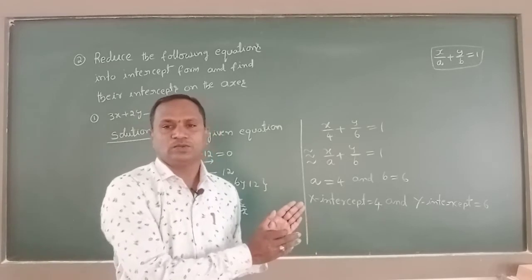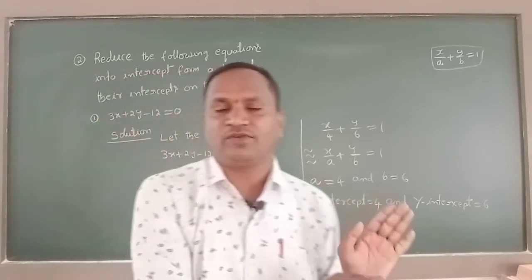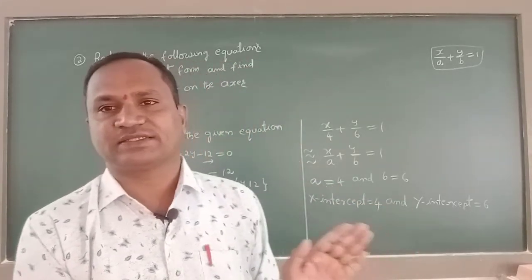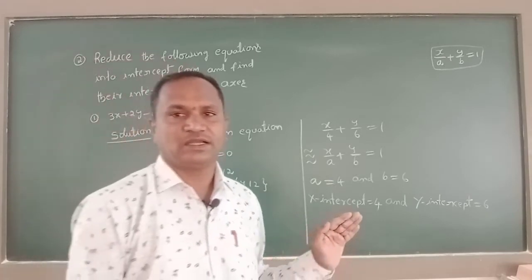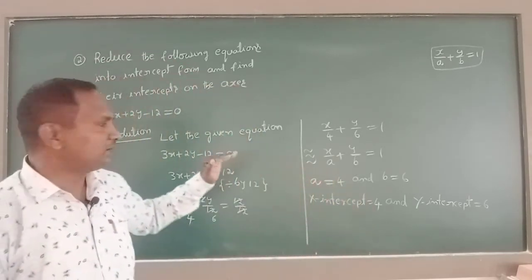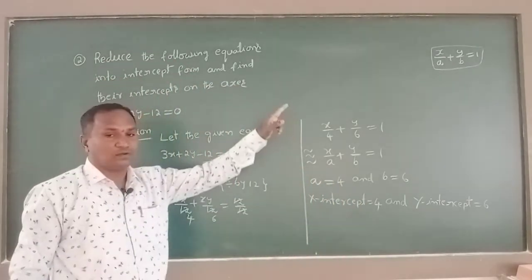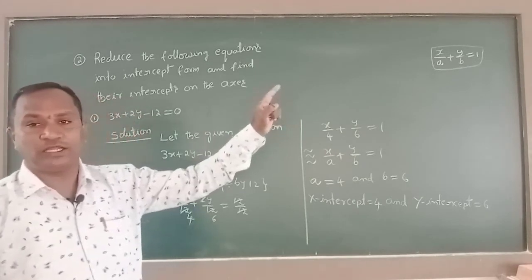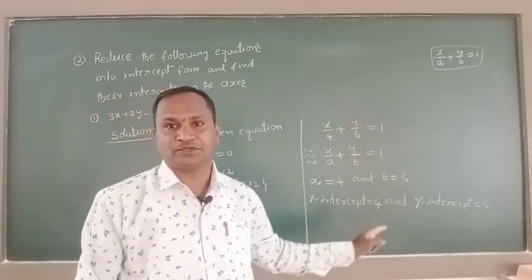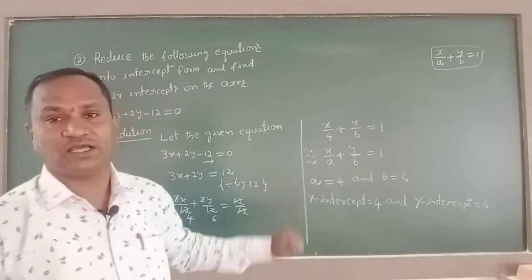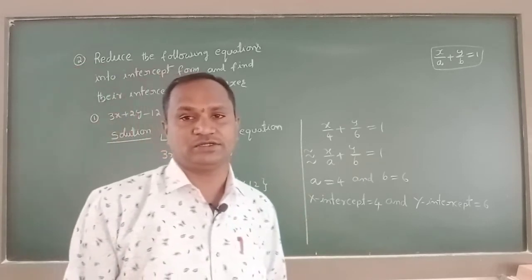Like that we find the values of x-intercept and y-intercept, after first converting into that form. By converting into that form only can we get the values of a and b. Like that we gave the solution for this question.